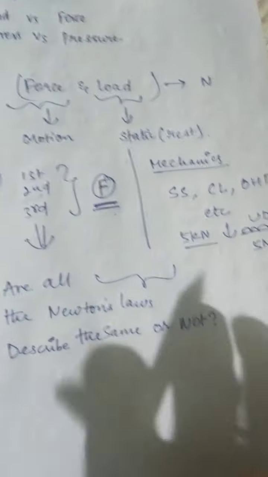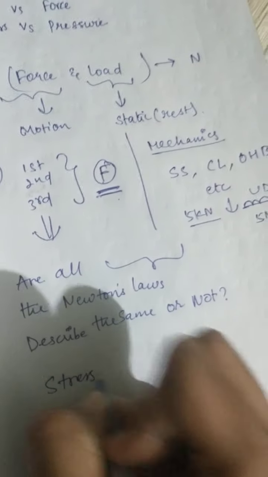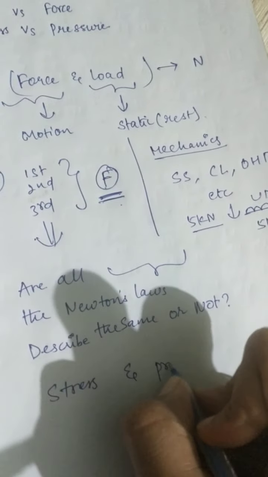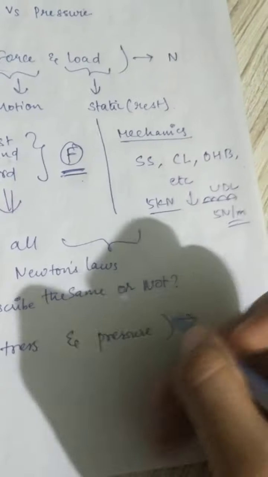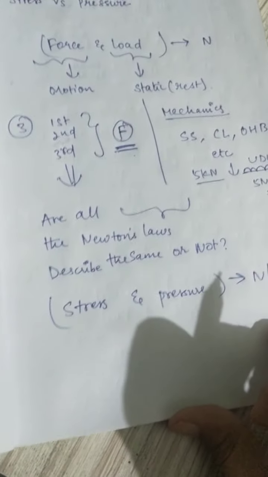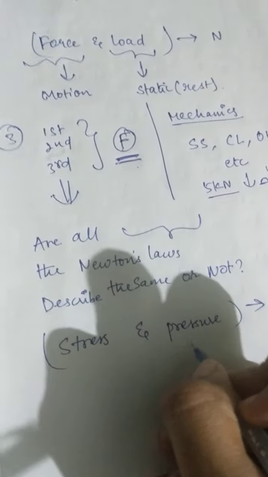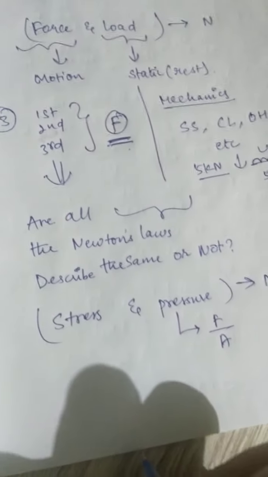And coming to stress versus pressure. If you see stress and pressure, both have the unit Newton per meter square, but both are different again. The formula for pressure is force acting per unit area.